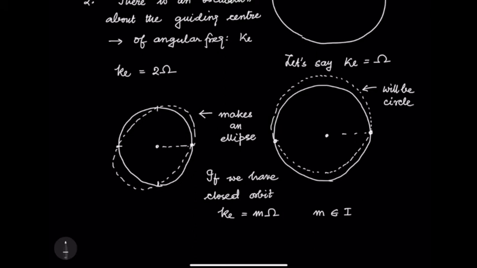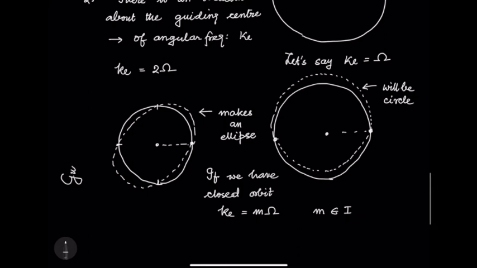Okay, so this method of looking at the orbit has a name. It's called the guiding center approximation. Obviously, it's an approximation. Remember that in the V effective, we neglected the higher order terms.